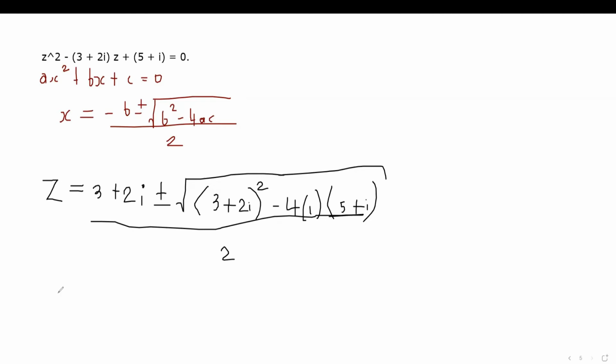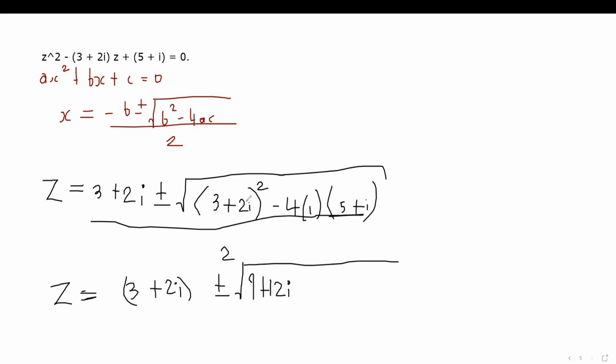So what that therefore means is that the complex number z is equal to 3 plus 2i, plus or minus the square root of... We expand the square now. 3 squared is 9, plus twice the product, that's 6i times 2, that's 12i, plus the second term squared, 2i squared, that's 4i squared, and 4i squared is minus 4.